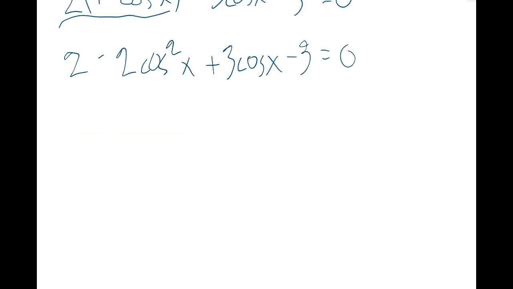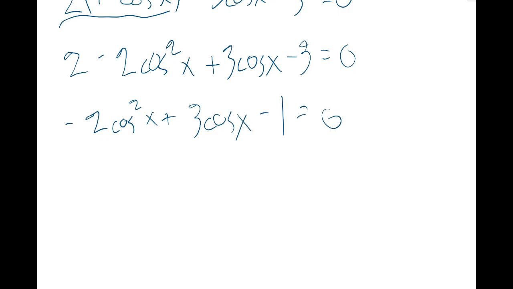So then we're just going to get negative 2 cosine squared x plus 3 cosine x minus 1 equals 0. But it'll be really nice if we can have our leading term be positive.